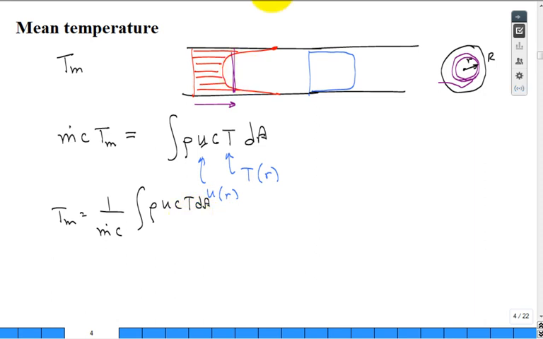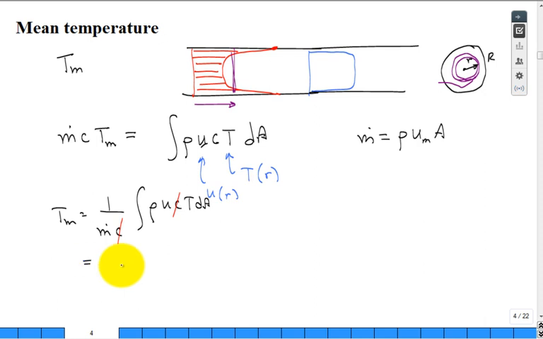Somebody says, can we cancel those specific heats? Sure, you can. Somebody says, you know what? That mass flow rate, wasn't that rho U mean area? Was that true? Yeah, so let's substitute that in here. You can write this equation a few different ways.